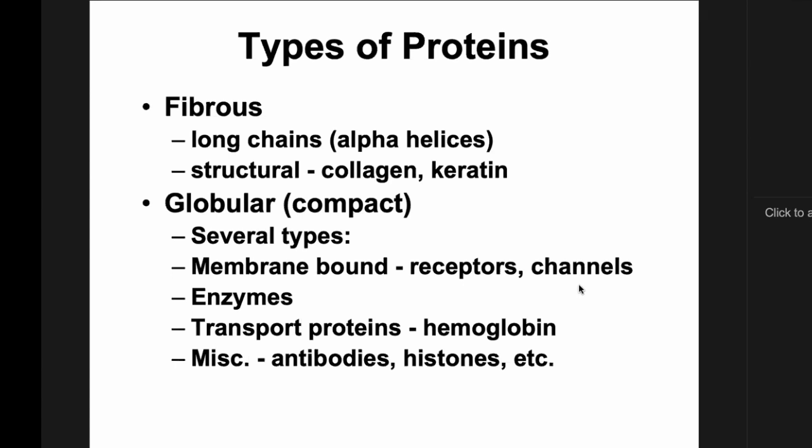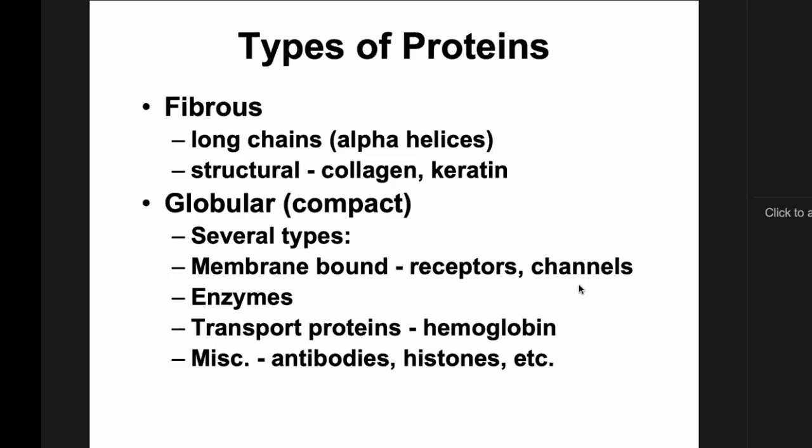It's the protein that forms antlers in deer, rhinoceros horn, fingernails, toenails. So a lot of things in the skin, hair, nails, feathers, that sort of thing. And like I say, it's basically just long alpha helices.